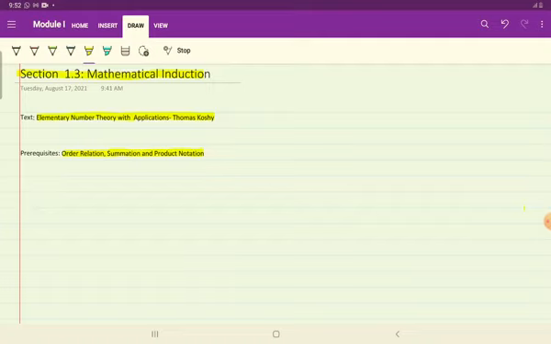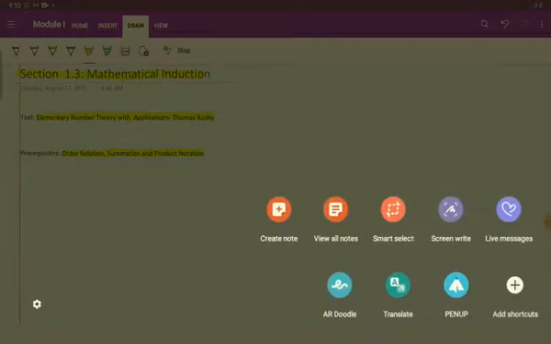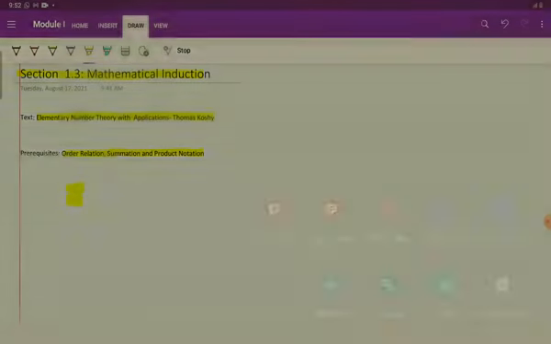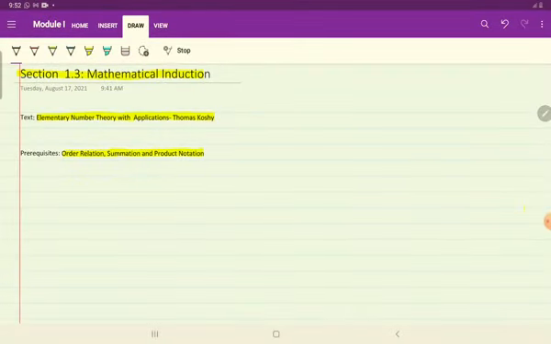We know the set of integers is denoted by the letter Z. So Z denotes the set of integers that we already know.